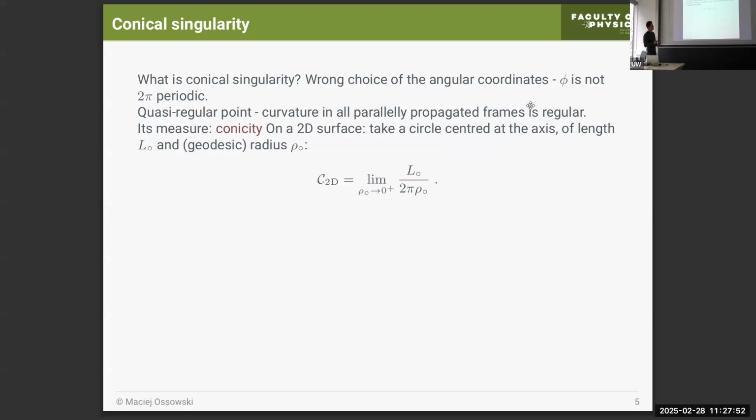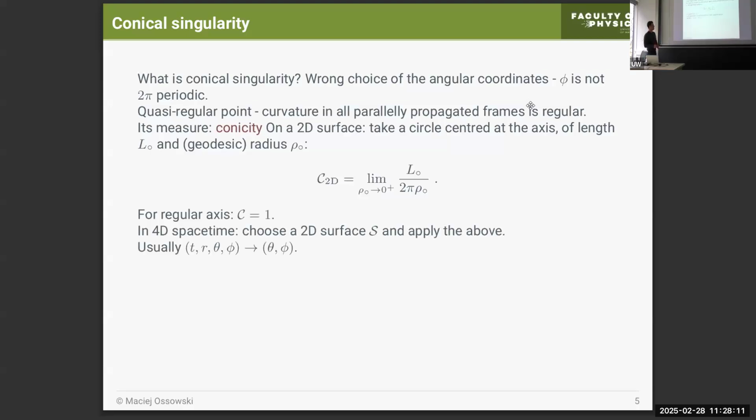If everything is completely regular, then you'd like to reproduce what happens just for a circle on a plane. For a circle on a plane, certainly this limit would be just 1 because we have divided by 2π already. So for a regular axis, we would expect the conicity equal to 1.